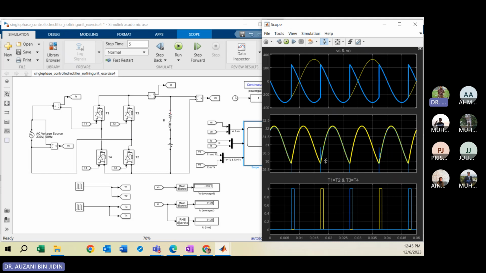Finish for today. For tomorrow we discuss the 3-phase. Any question? No question. Everything is okay. This evening, which group wants to do the experiment?